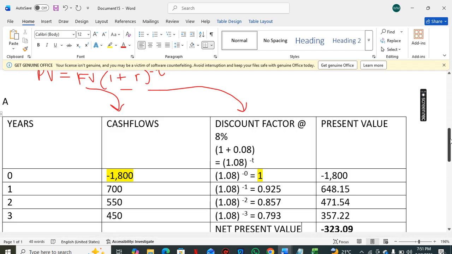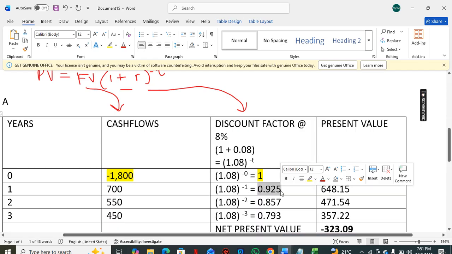In your calculator, putting 1.08 to the power negative 1, are you getting 0.925?